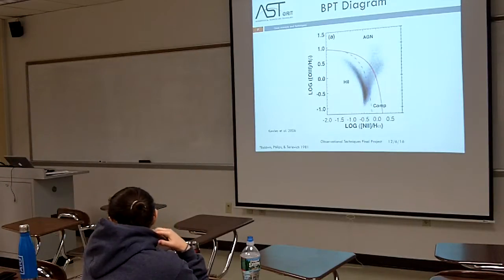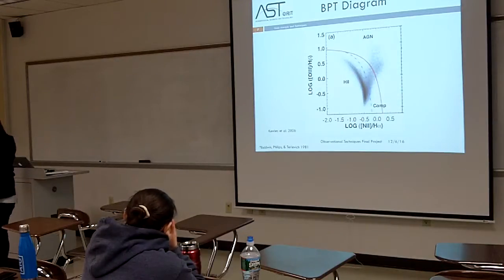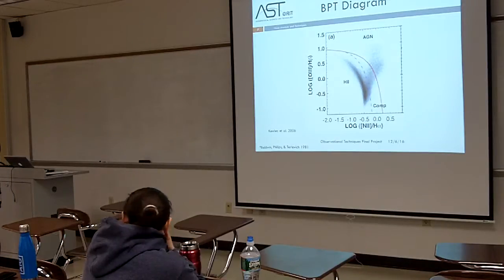What are those dots? So the black dots are all galaxies, but they're data points, they're observations. So why are they distributed in a V?